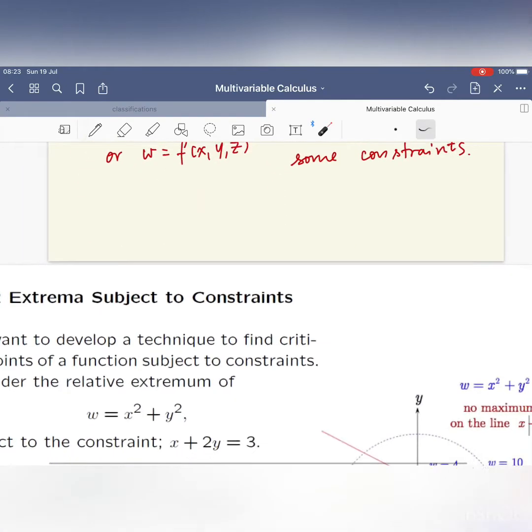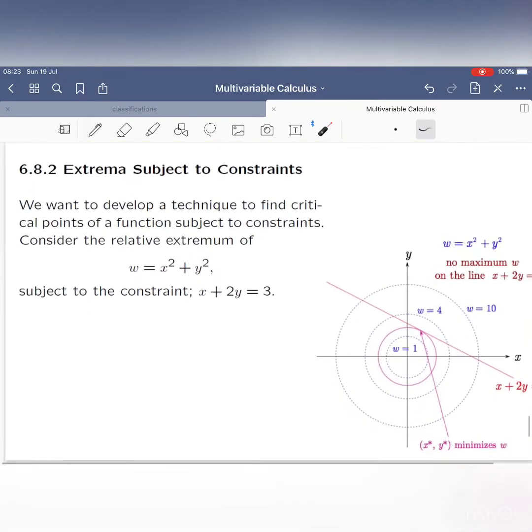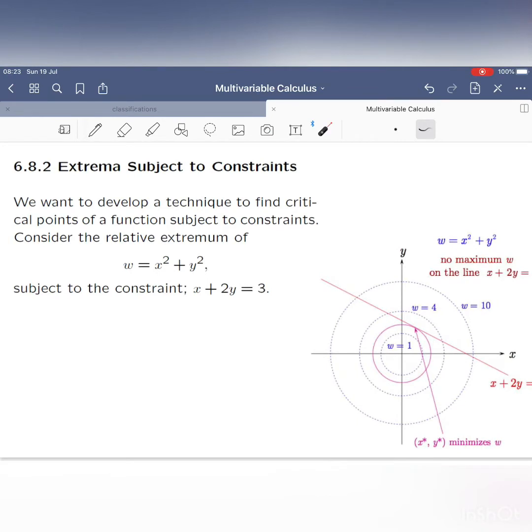For example, if we would like to find a relative extremum of the function w of x, y, w equals x squared plus y squared, subject to the constraint that x plus 2y must be 3.